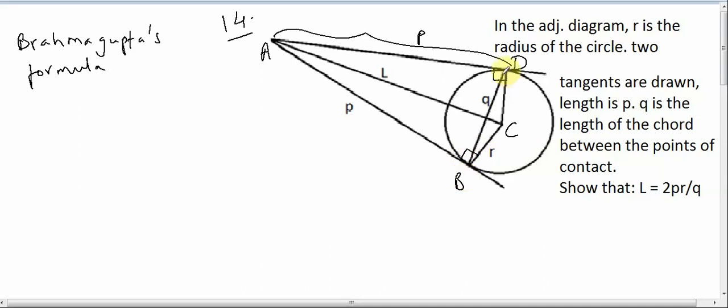So we have a pair of opposite angles which are supplementary to each other. So the other pair of opposite angles is also supplementary, and if in a quadrilateral the opposite pair of angles are supplementary to each other, then the quadrilateral is cyclic. So quadrilateral ABCD is cyclic, and we can apply the formula for the area of a cyclic quadrilateral.